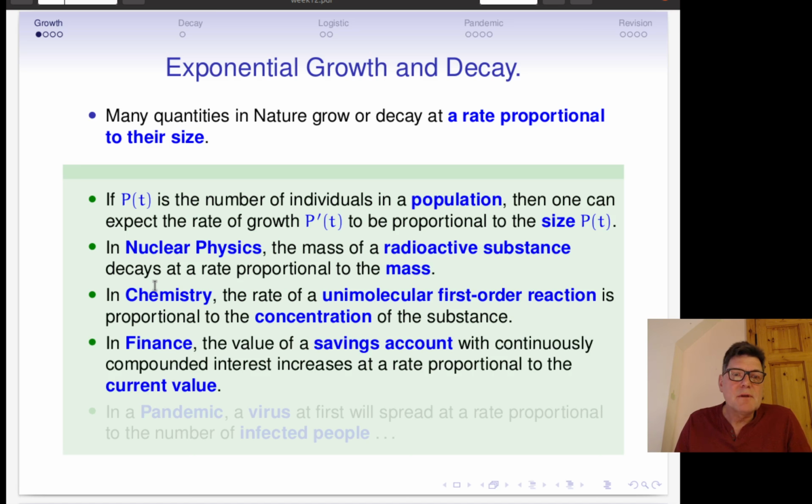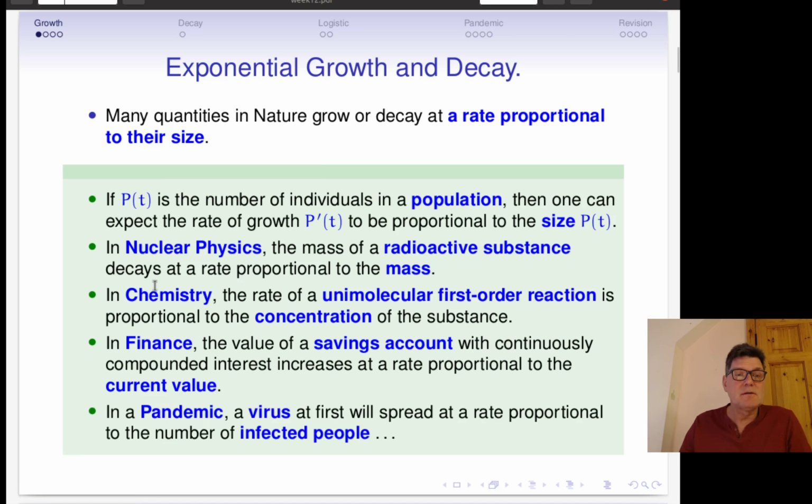That's probably something most of you haven't experienced with interest rates being so low, but still it's a model. It applies in particular to continuously compounded interest rates, where exactly the same relationship applies. The growth rate is proportional to the current value.